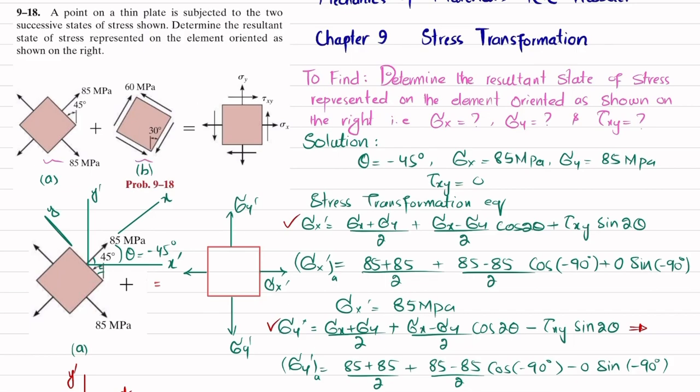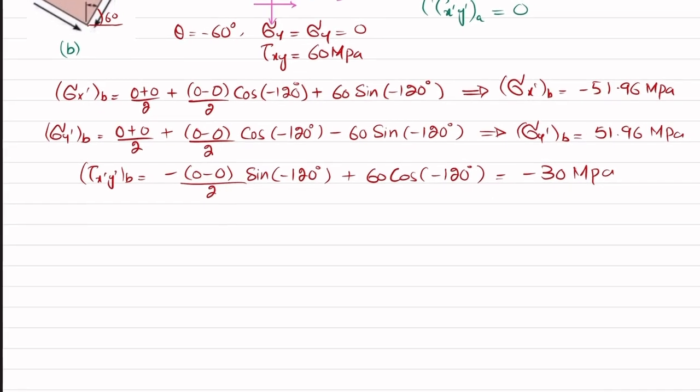So what we will do is take its x dash component, y dash component, and again for this the x dash and y dash components, and we will add them. So this sigma x will be equal to sigma x dash for A plus sigma x dash for B. Similarly, sigma y will be equal to sigma y dash for A plus sigma y dash for B, and the tau of xy for this component will be equal to tau of x dash y dash for A plus tau of x dash y dash for B. So let me write it.